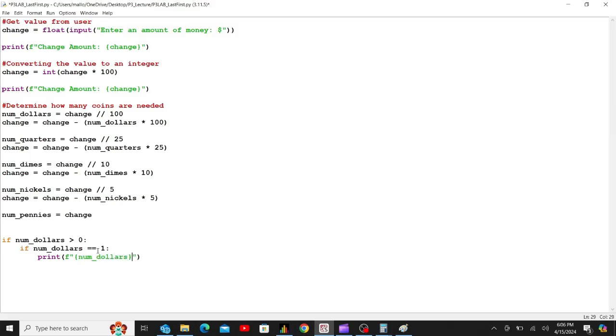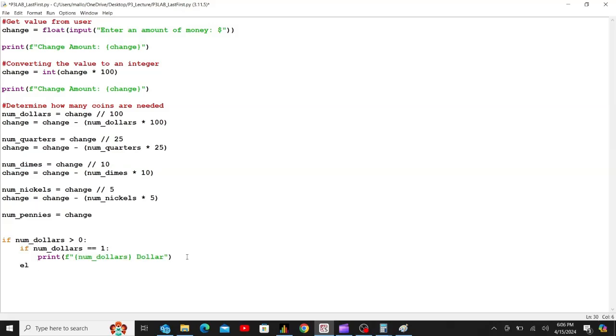And then after that, we need to print the word dollar. We only want to have the singular form here, because this is saying if num dollars is equal to 1, this will be a 1, and it will say dollar.